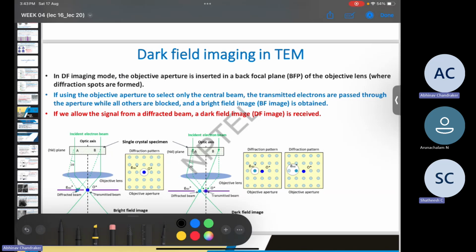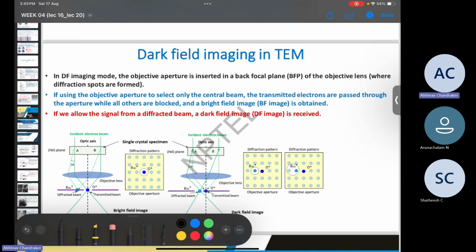Previously we discussed bright field imaging, but we can also do dark field imaging in TEM. In bright field imaging, we keep the aperture such that the direct, or transmitted, beam which came through the specimen is allowed to pass through, while all the scattered or diffracted beams are blocked using the aperture.